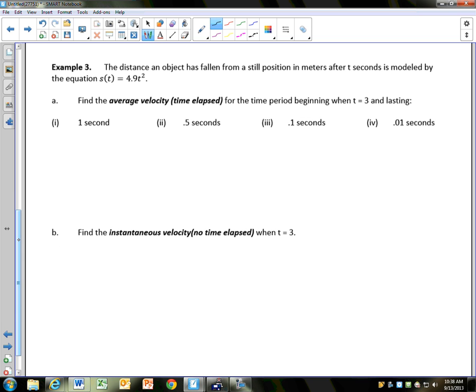Okay. The distance an object has fallen from a still position in meters after t seconds is modeled by the equation 4.9 t squared.